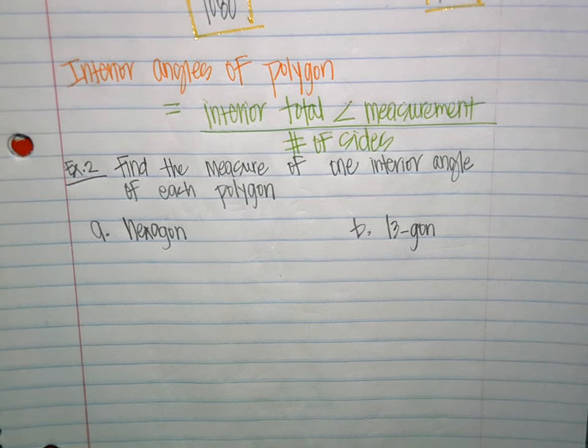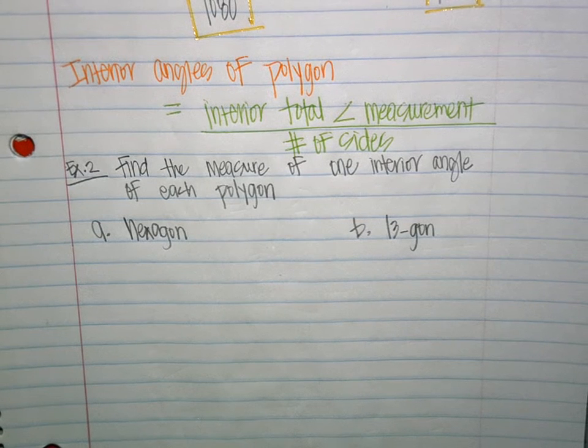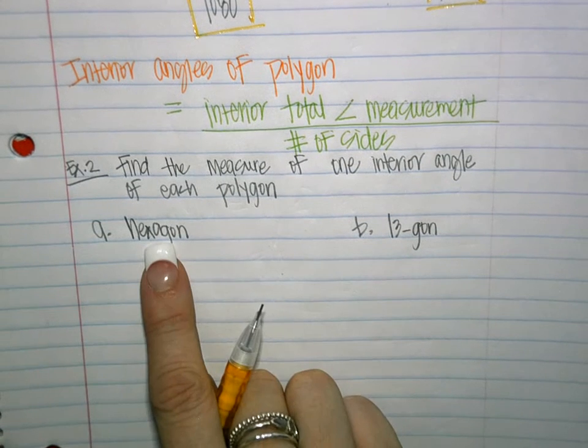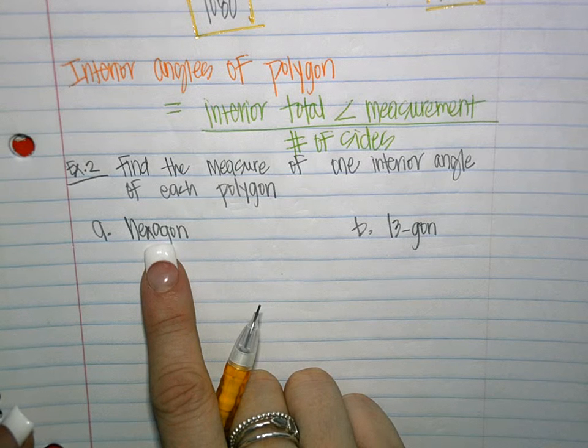Before you can find the measure of one, you have to find the measure of all of them. So how would you find the total for a hexagon? We're just going to use the same formula I just used.